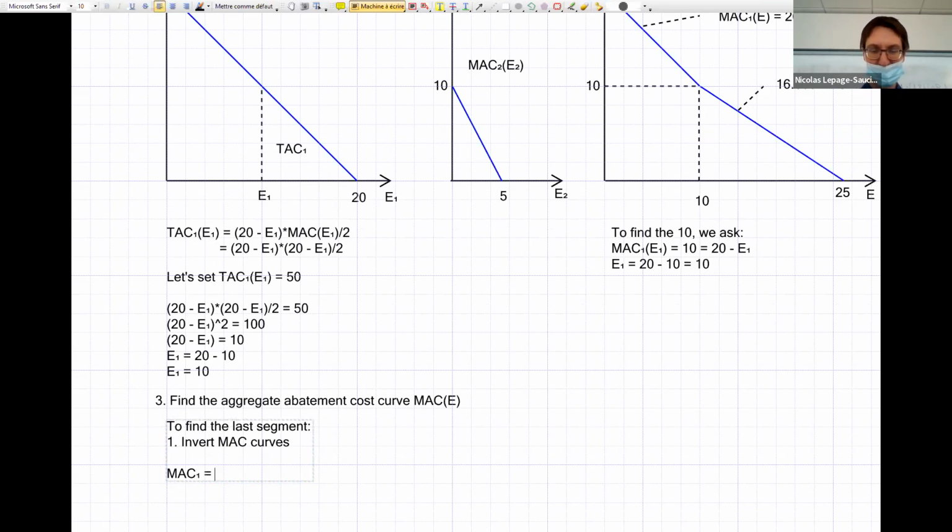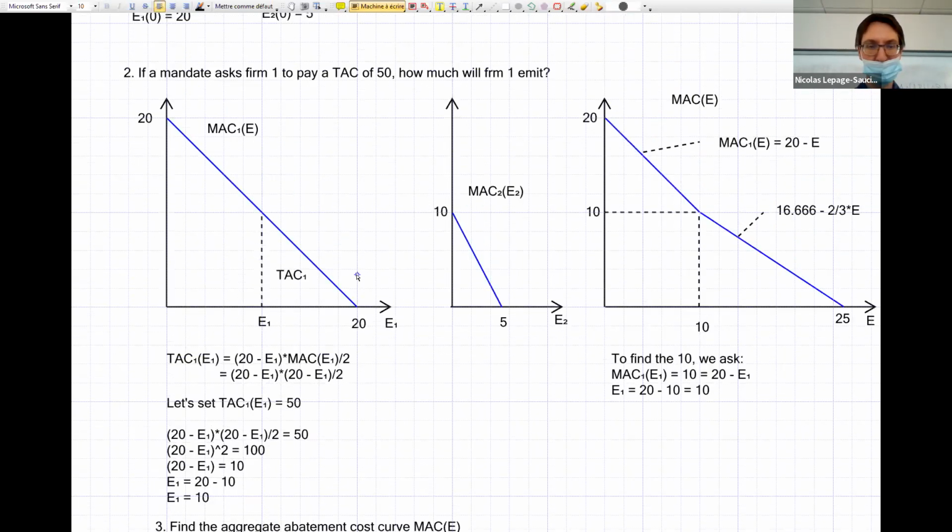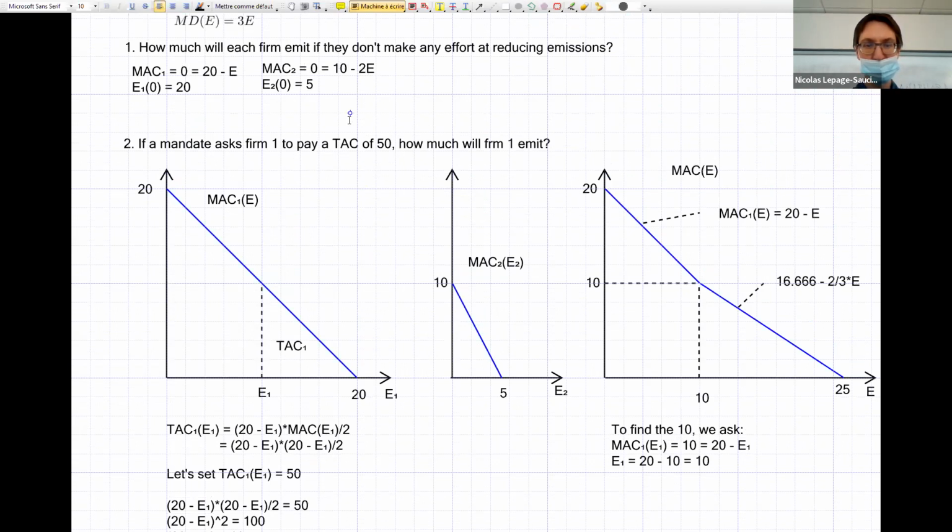So MAC1 was 20 minus E. So I just flip these two together. So E1 is 20 minus MAC. And then I have MAC2, which is 10 minus 2E.